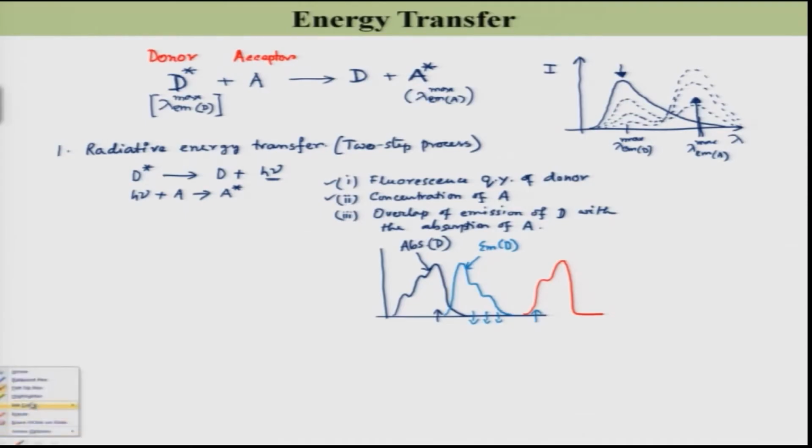One of the conditions is that the delta E has to be matched with the incoming photon h nu, that should match, otherwise it is not possible. So, this is my absorption spectrum of the acceptor, and it is not possible.